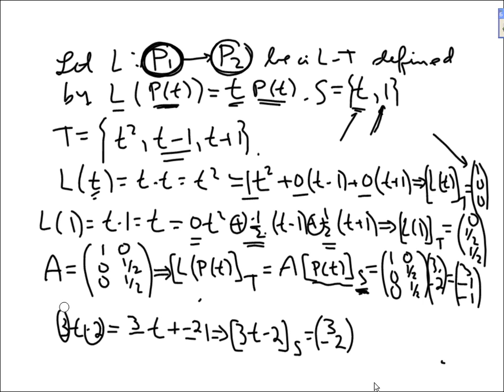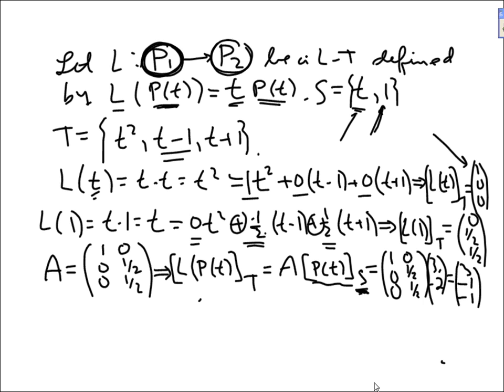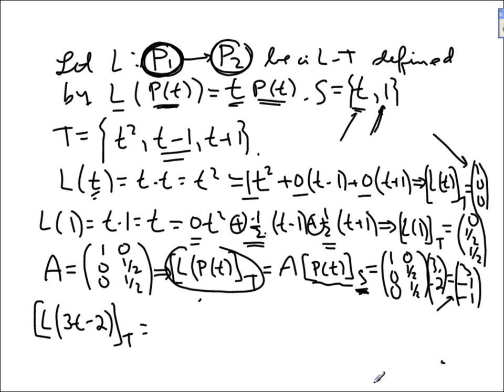So we did not learn what L of P of t is yet, or L of 3t minus 2. We didn't find that yet, but we're almost there. I'm just copying down that this equals 3, negative 1, negative 1. The coordinates of this is equal to 3, negative 1, negative 1.